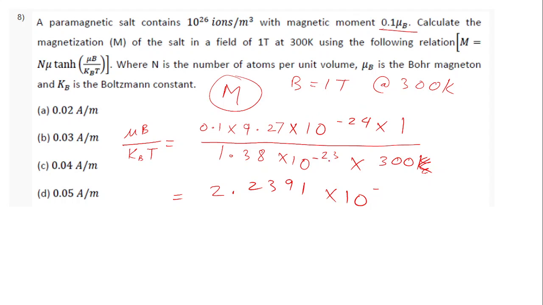Then when we take care of these powers, it will be 10 to the power minus 24 plus 23, which means minus 1. So this will be 2.2391 times 10 to the power minus 4. This is the value in this expression.